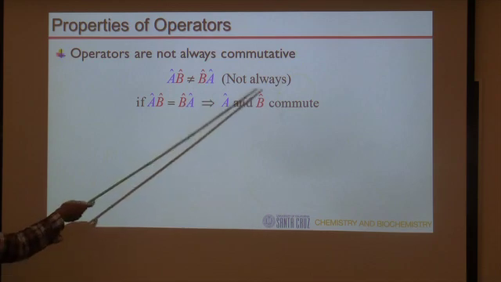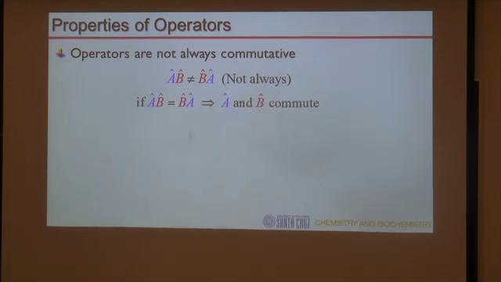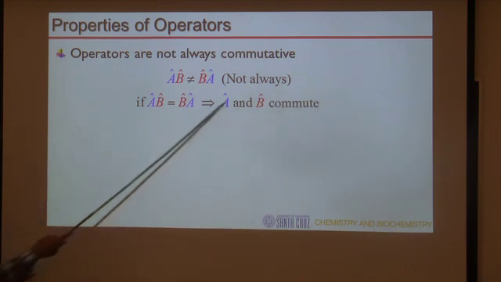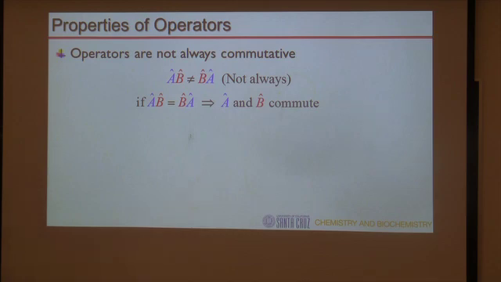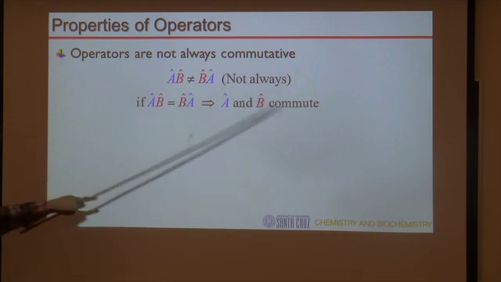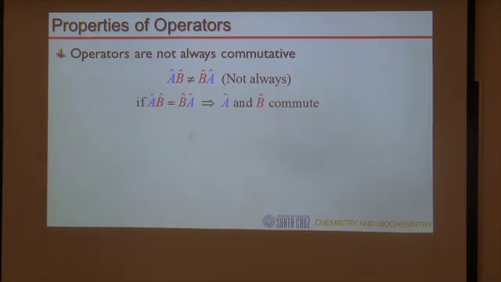If you switch the position and it is still the same operator, we call A and B commutative, or we say the two commute. And we will have some important conclusions derived from here in chapter 4. But here I want you to know the basic definition of commutation. Two operators commute simply means they can switch position. A second one is that operators are not always associative.